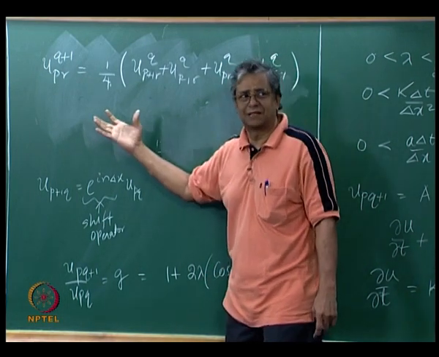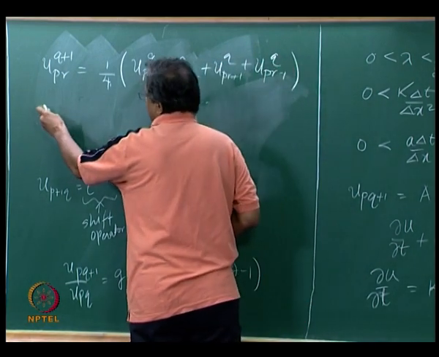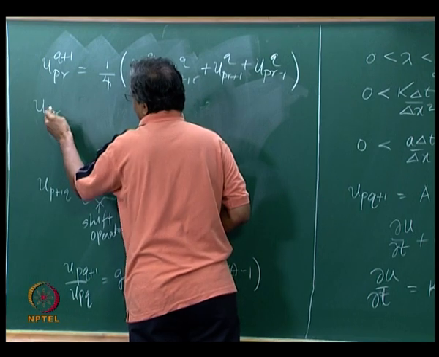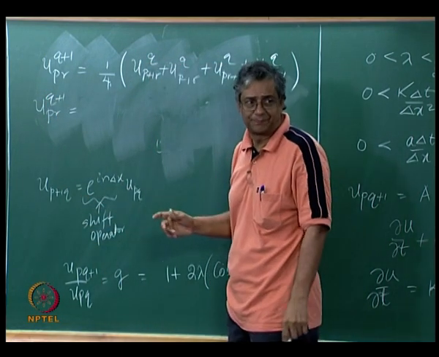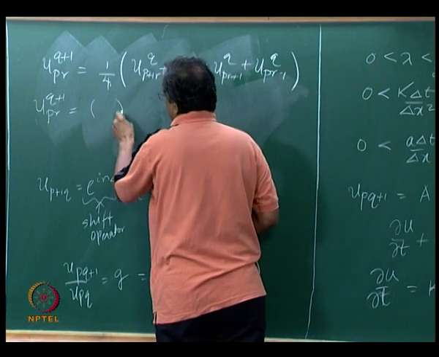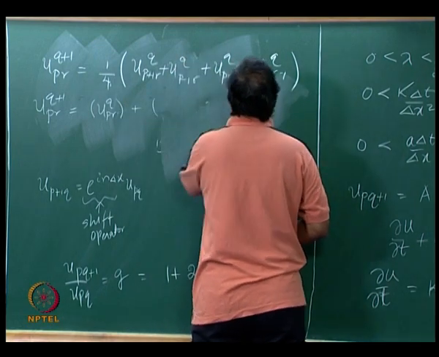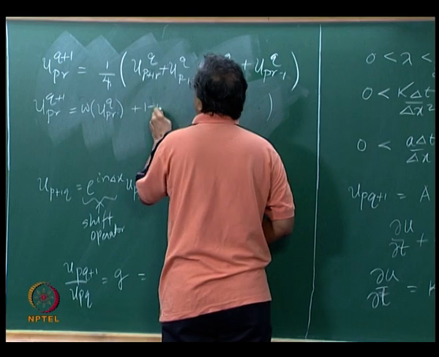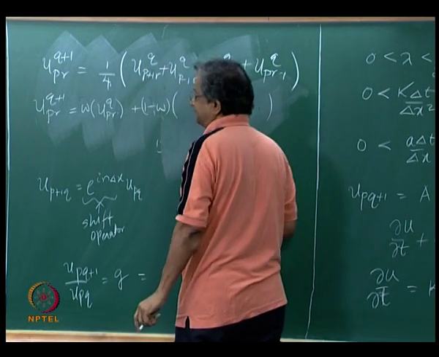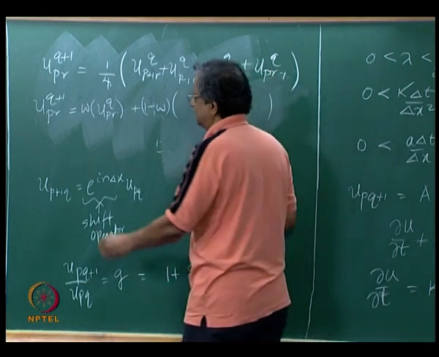Anyway, if you want we can have this conversation later, but that is like picking a relaxation parameter. So you see, if you picked it as 1/8, you would get a linear combination of U p r at q, omega times that and 1 minus omega times that, whichever way you want it. You would get a linear combination.